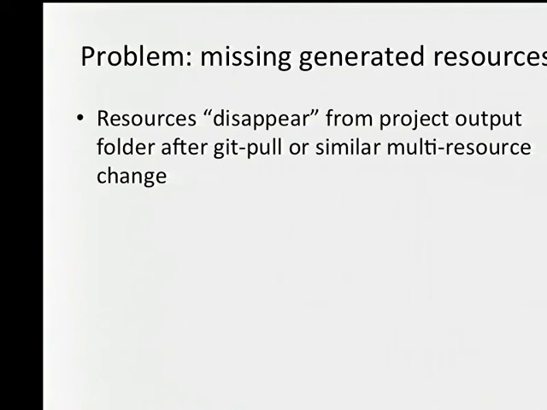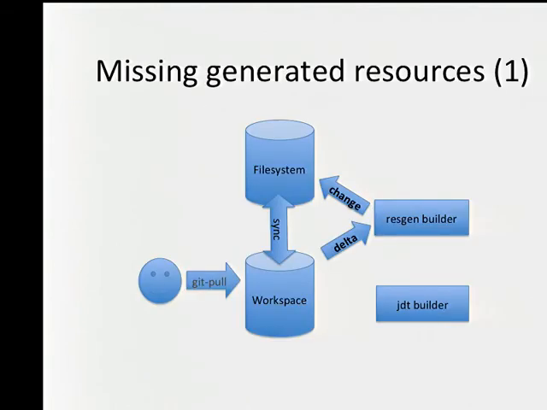And sometimes some of the generated resources are missing from the output folder. It works in many cases, but sometimes resources just disappear. Extremely difficult to debug, extremely frustrating to the user, and we had something called the m2e dance to deal with this, right? So you refresh, you rebuild, you refresh.